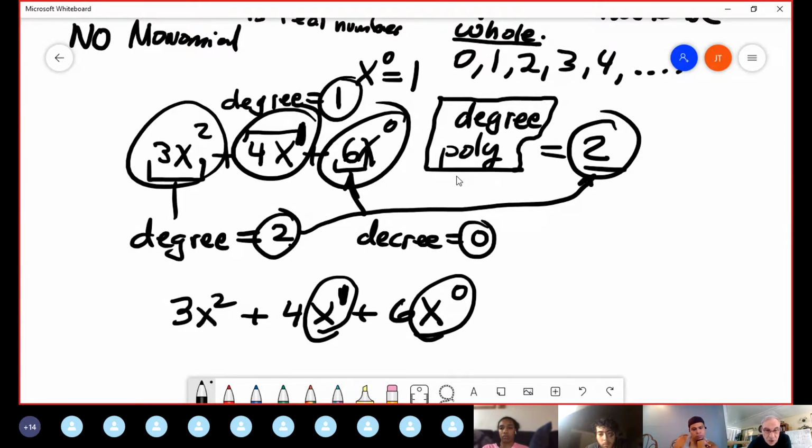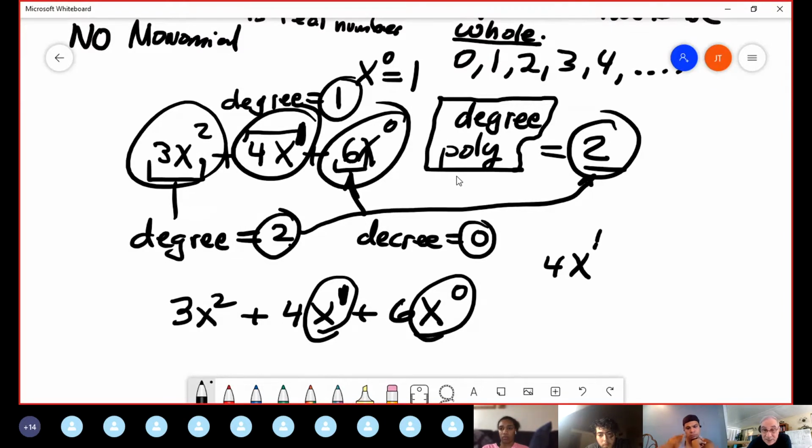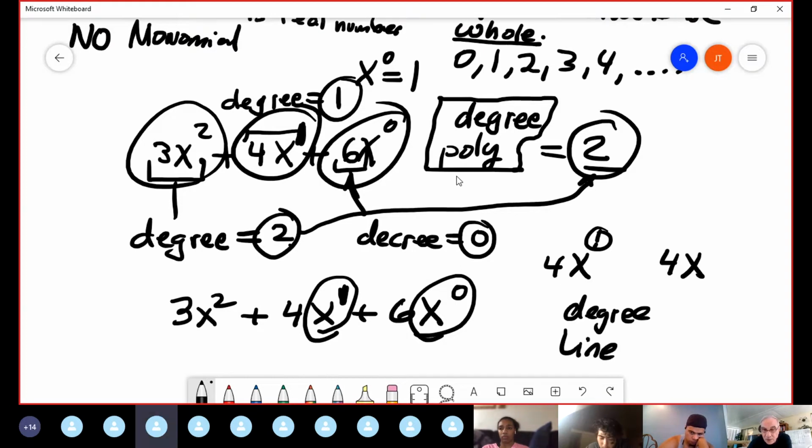When you have 4x, the exponent is missing because it's 1. And degree 1 is equivalent to linear. Are you clear? Degree 1, degree 0.